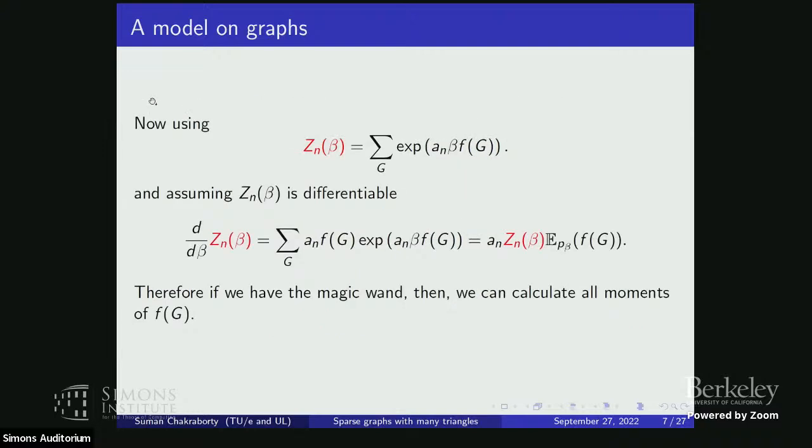Then you can take a derivative and compute the moments of this f(G), say if it was the number of triangles, exactly in terms of the derivative of this function Z of beta. But then we don't have a magic wand. But hopefully this clarifies why one would like to think about these models, right?